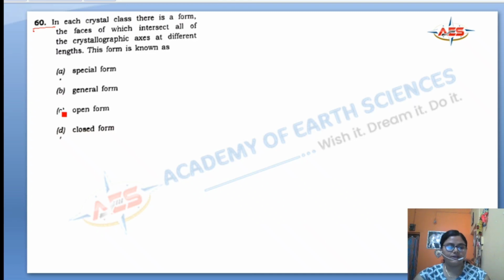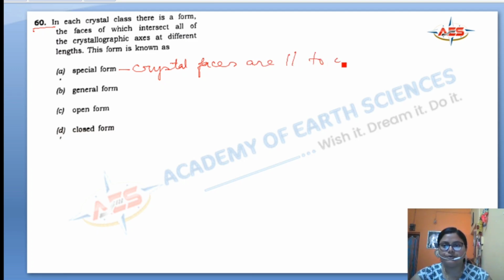Now what we see here is the special form. What is a special form? A special form is one in which the crystal faces are parallel to one or more crystallographic axes.